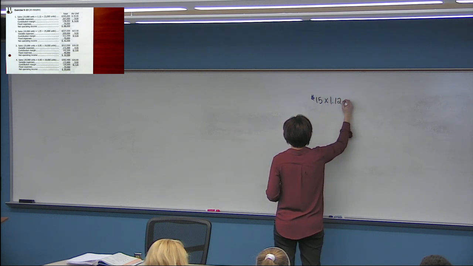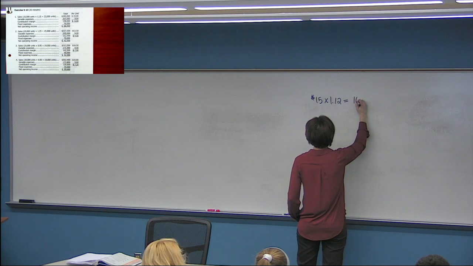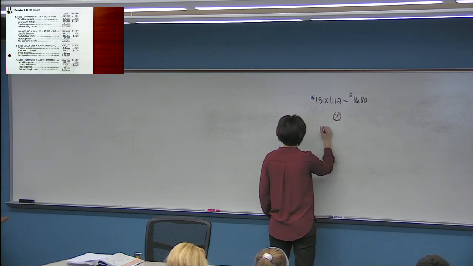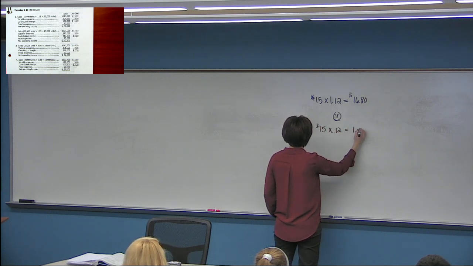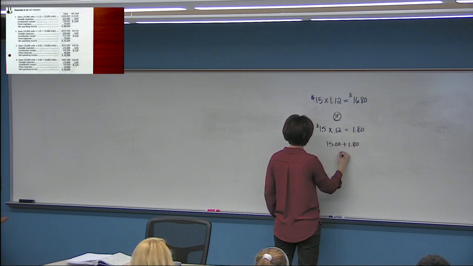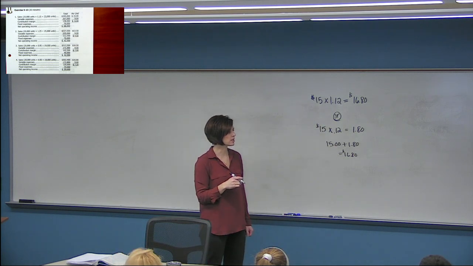We say 15 times 1.12, and that gives you the $16.80, right? Or if you want to do the two-step process, you can say $15 times 12% is $1.80, and then you add the $1.80 back onto the 15, right? Either one, you still get the same answer.